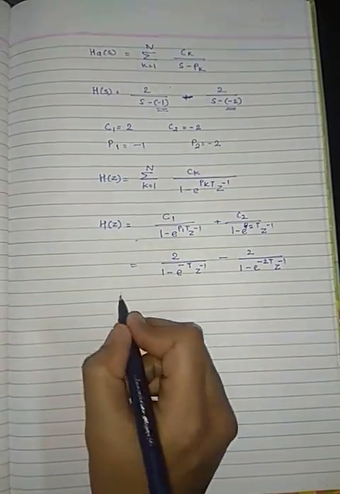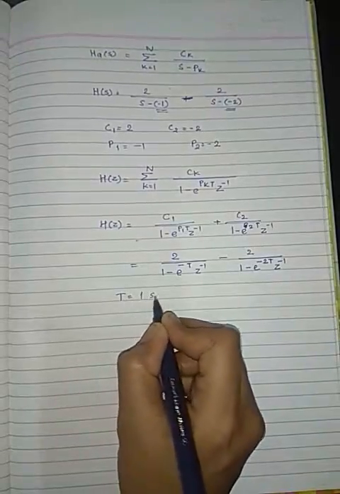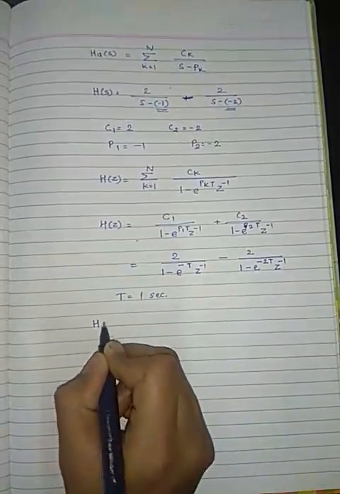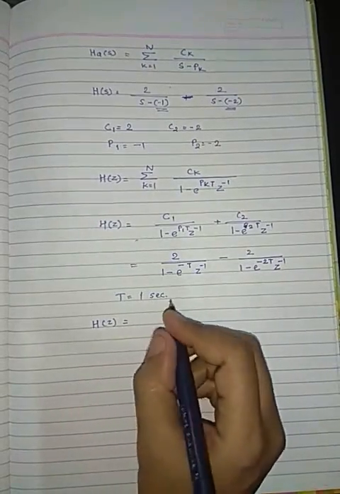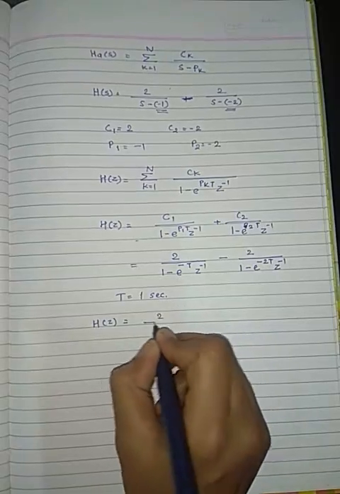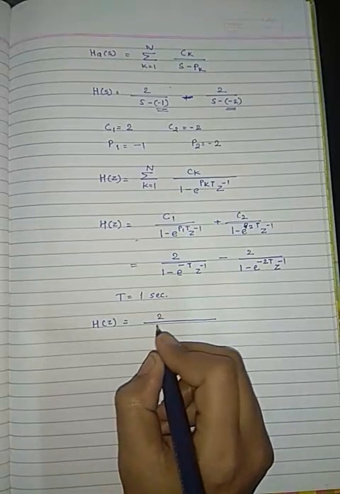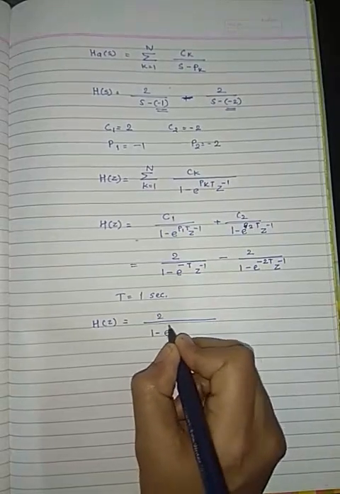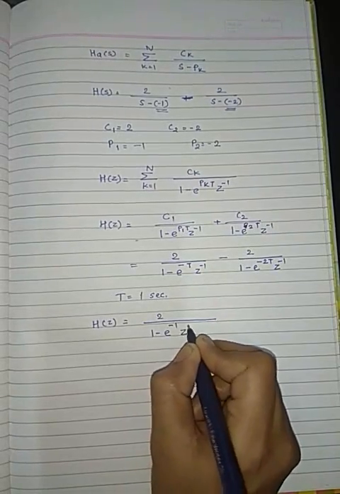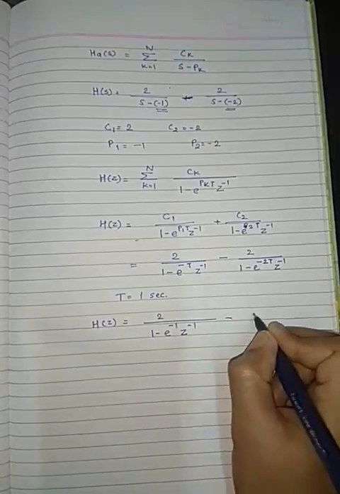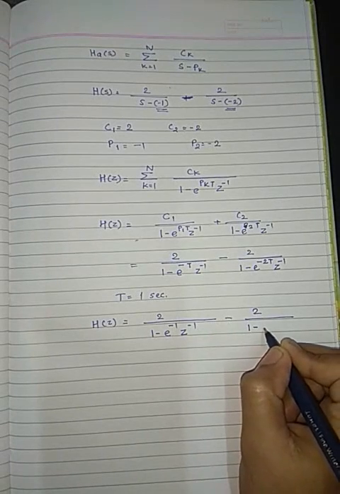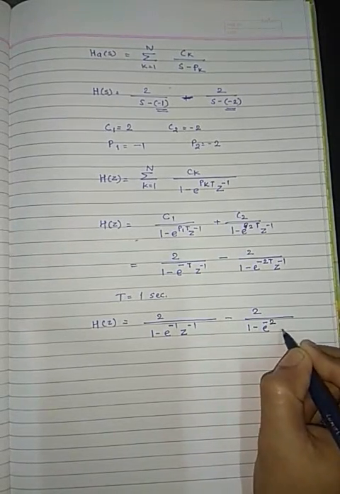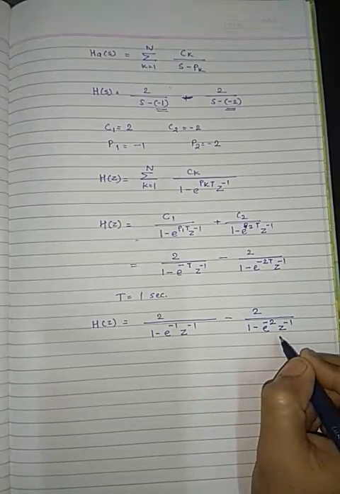Again here t is given, that is 1 second. So the final equation for H of Z is 2 divided by 1 minus e raised to minus 1 into Z raised to minus 1 minus 2 divided by 1 minus e raised to minus 2 into Z raised to minus 1.